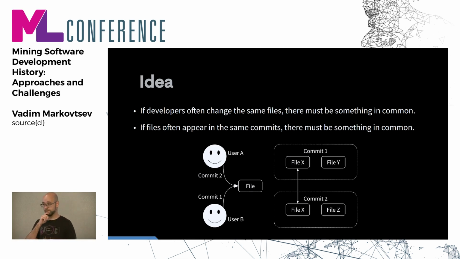The second point is about files. Imagine that a certain group of files often appear together in the same commit. Maybe you edit your API and also edit the tests. Maybe you edit your high-level API and you have to recursively change other files which depend on your API.